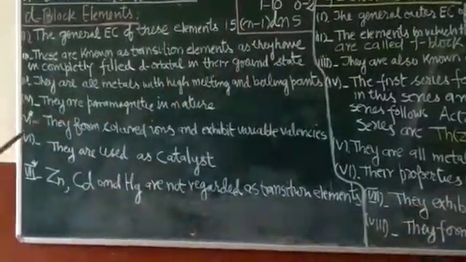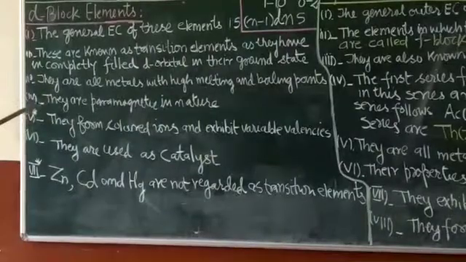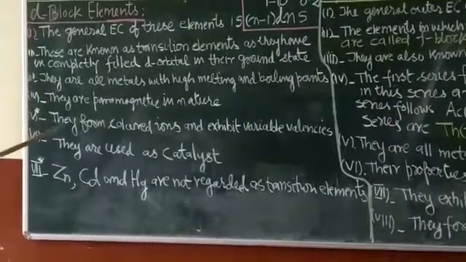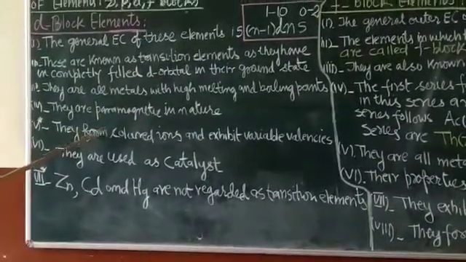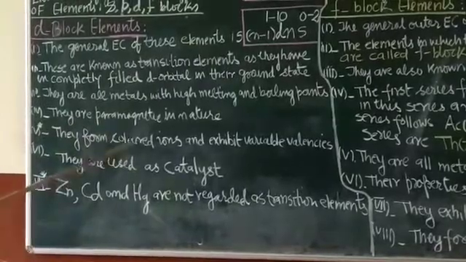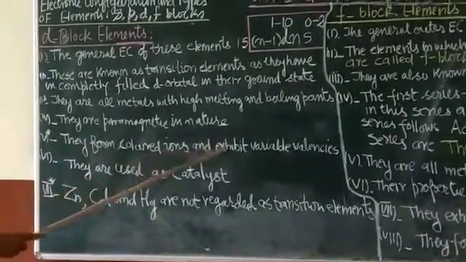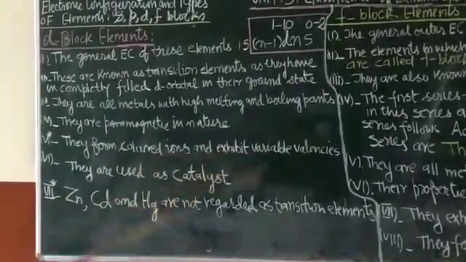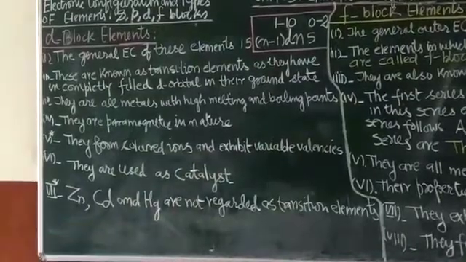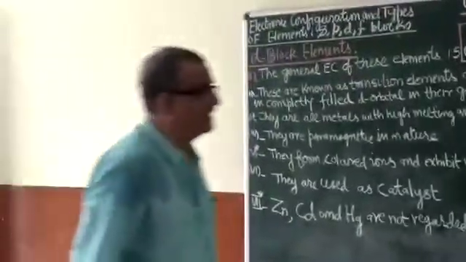Then, property number 5, it's an important property. Mostly they form colored ions and exhibit variable valencies. What do you mean by variable valencies? I told you 2 examples.